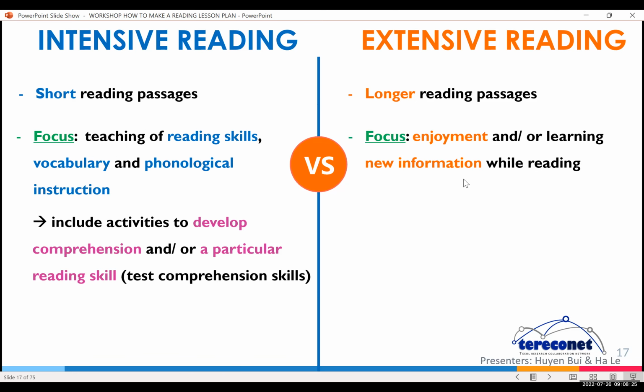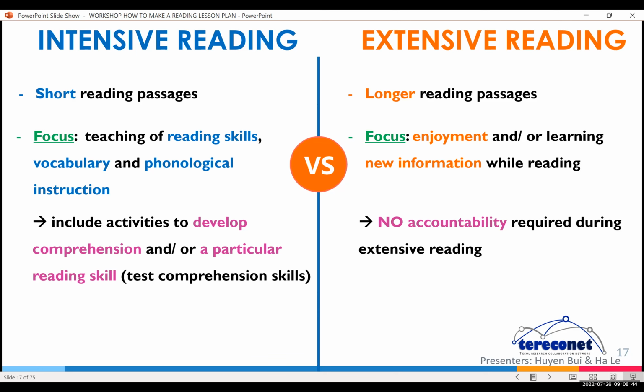However, for extensive reading, we just focus on enjoyment and or learning new information while reading. That's why there should be no accountability required during extensive reading.